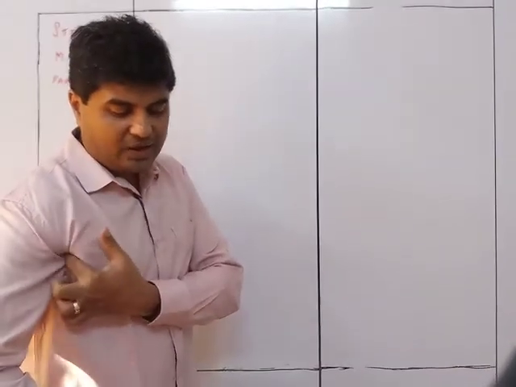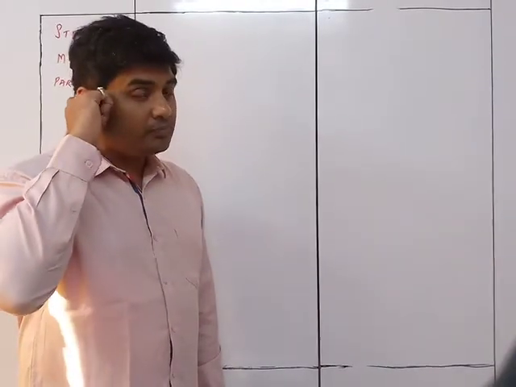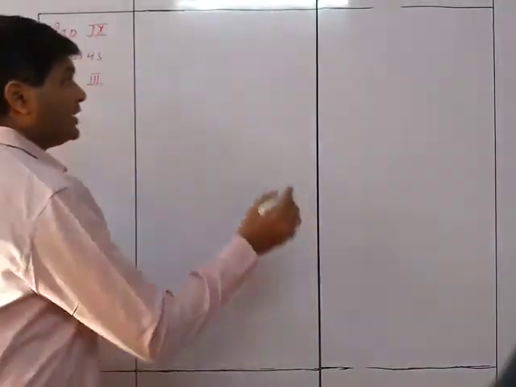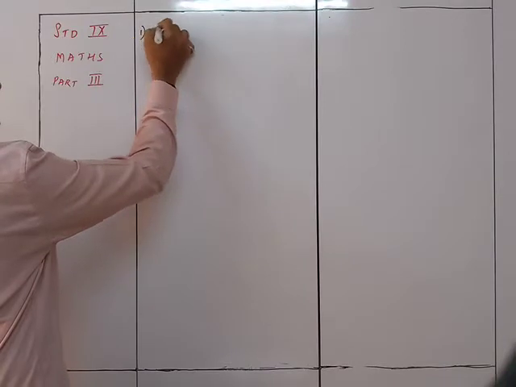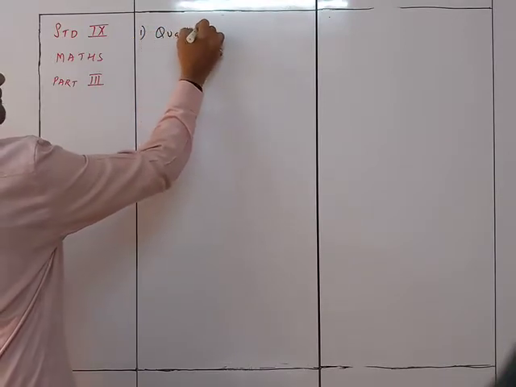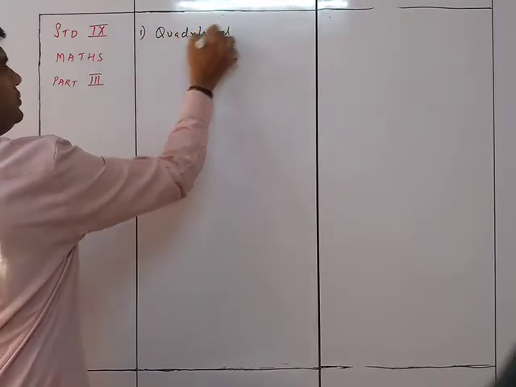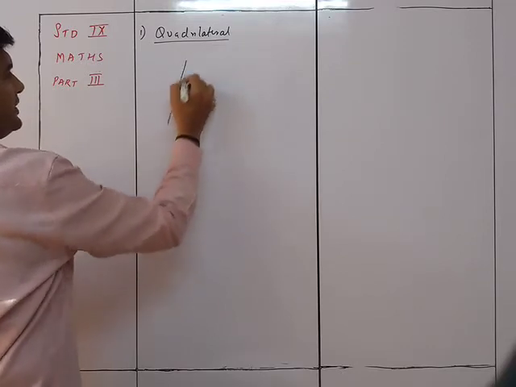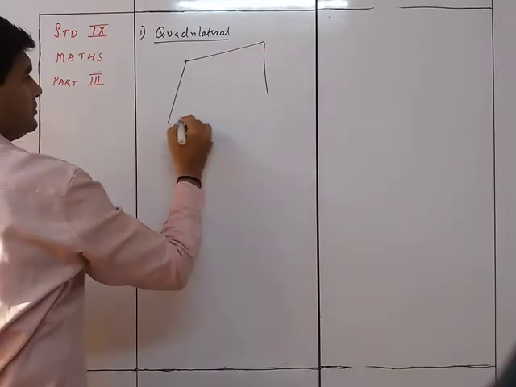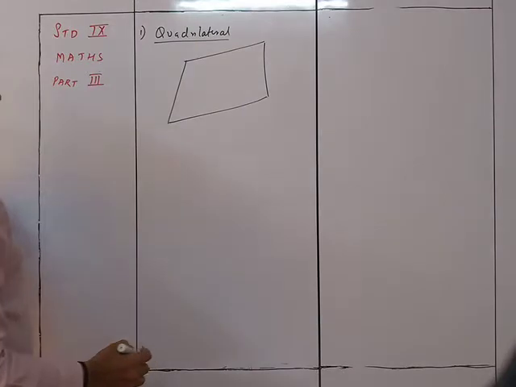Suppose it's an irregular kind of a quadrilateral. So first one is irregular quadrilateral. You can see in an irregular quadrilateral, suppose it is something like this, right?